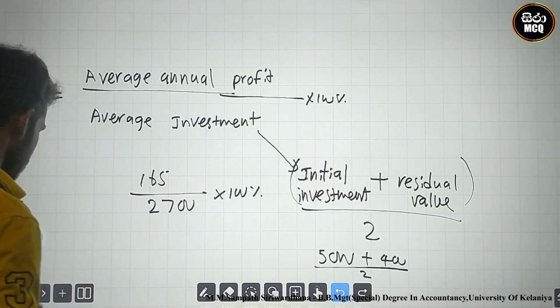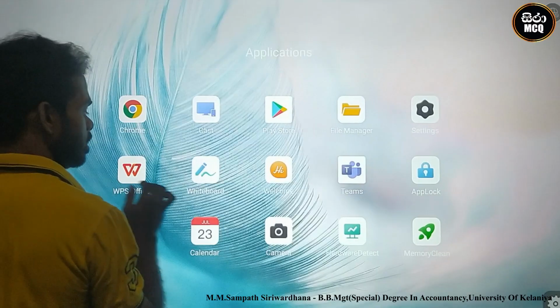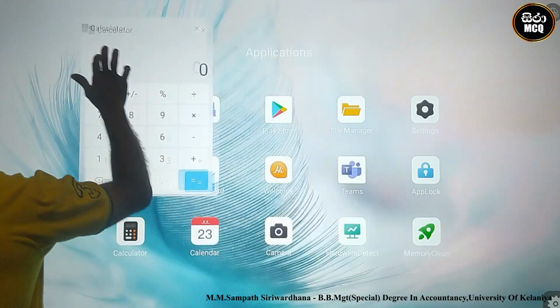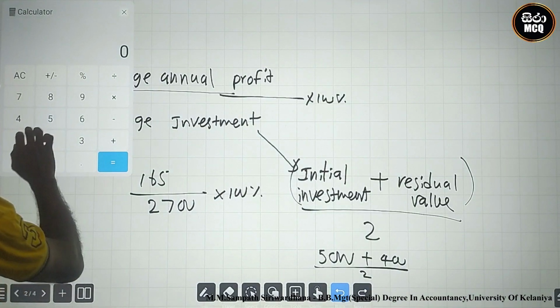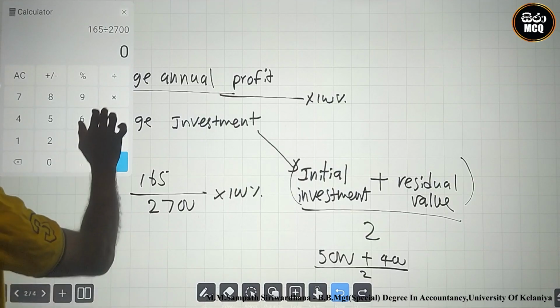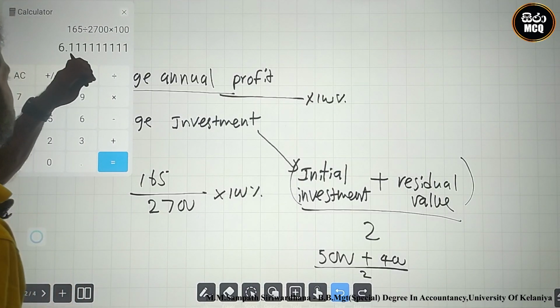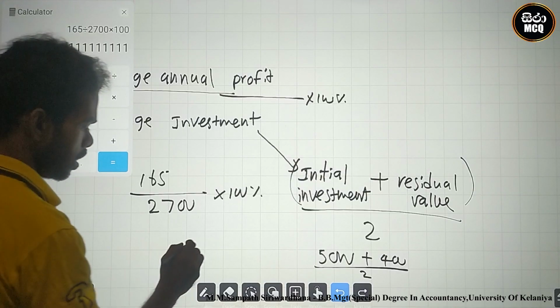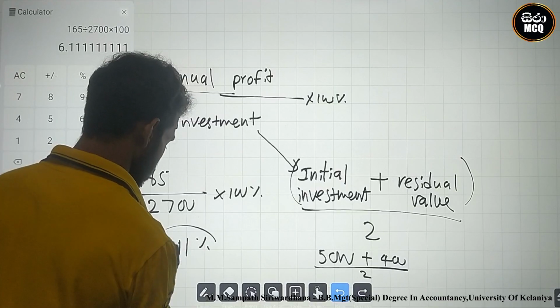165 divided by 2,700 and multiplied by 100. The answer is 6.11, which is a percentage.